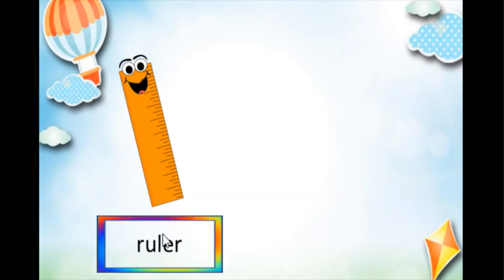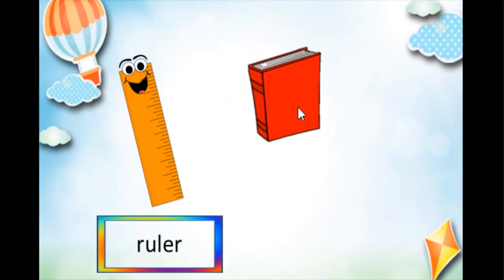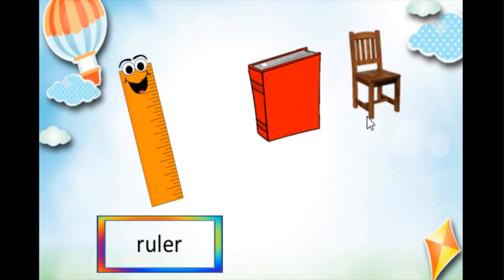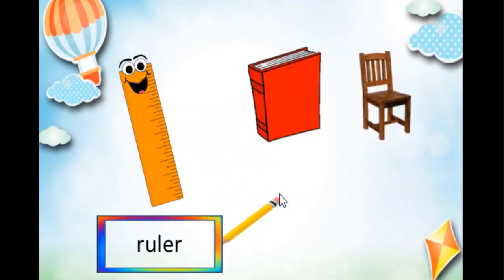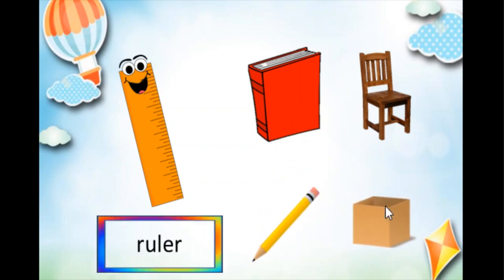It is a ruler. And a ruler can be used to measure a book, a chair, a pencil, or even a gift box. All objects that are small in size can be measured with the use of a ruler. Okay?